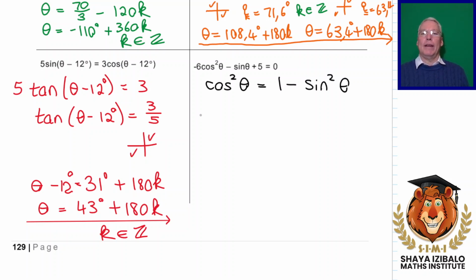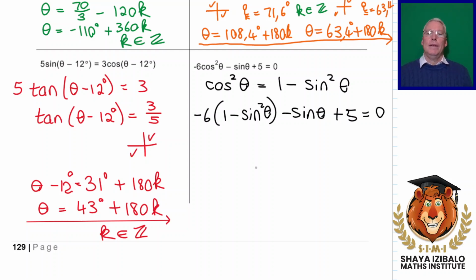So we're going to get negative 6 into 1 minus sine squared theta minus sine theta plus 5 equals 0. All right, this becomes 6 sine squared theta minus sine theta. From the brackets here, we've got a negative 6 and a positive 5. It's negative 1 equals 0.